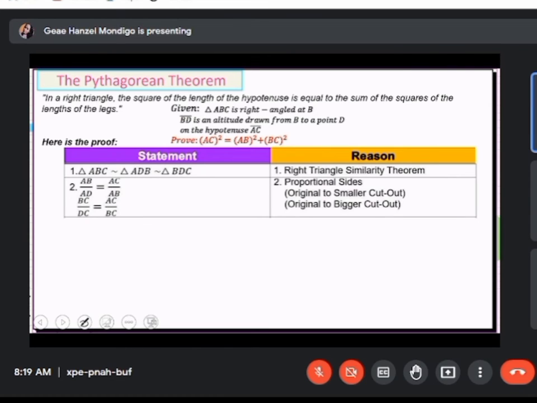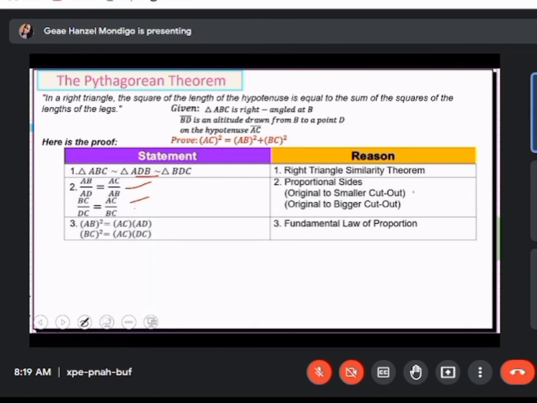This is still according to our first figure in my PowerPoint. This is the original to smaller cut-out proportion, and the original to bigger cut-out. Again, by the fundamental law of proportion, we could get this expression.